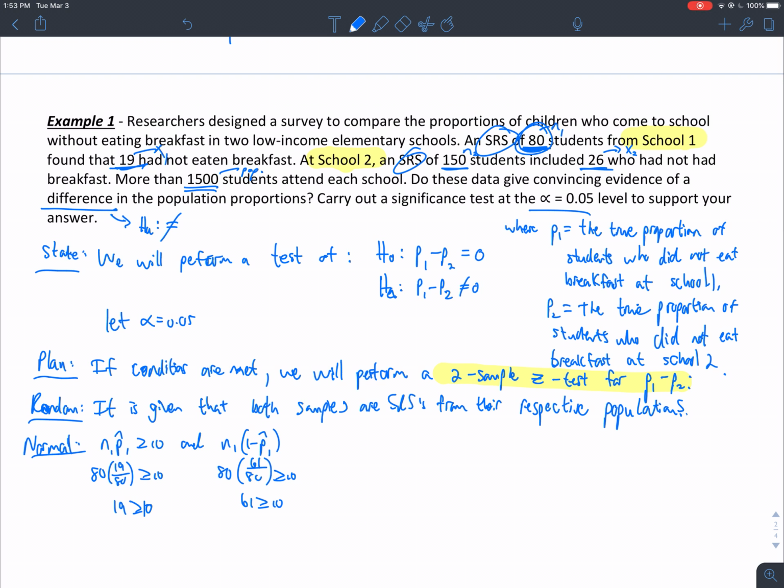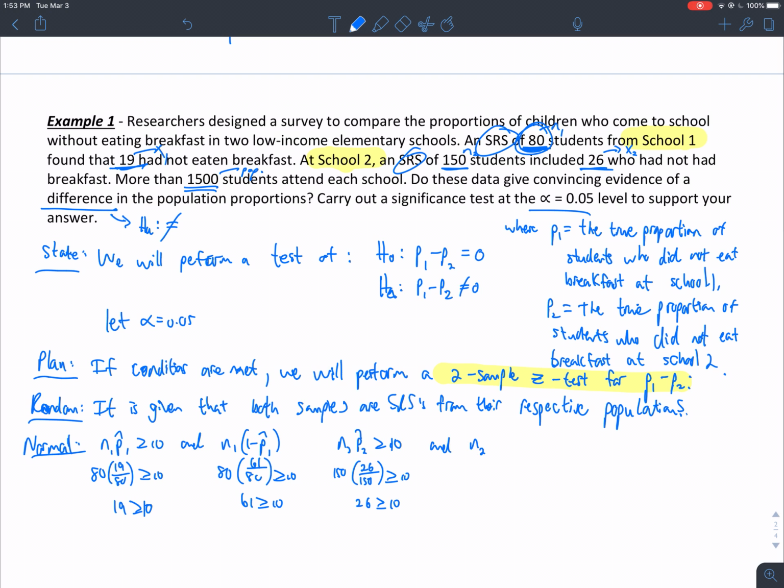All right, and then we check n2 p hat 2 greater or equals to 10, and my sample size 2 is 150 times p hat 2, number of successes, is 26 over 150, but we know that that's greater than 10.